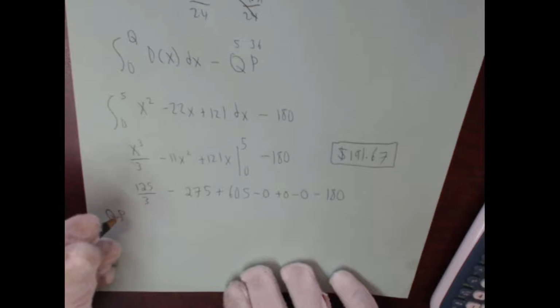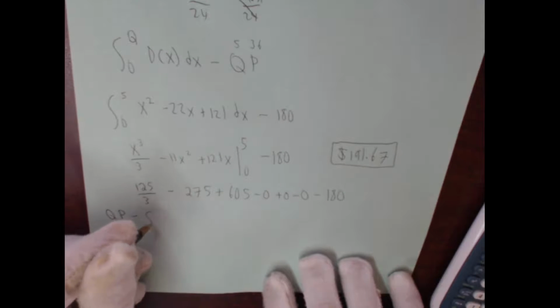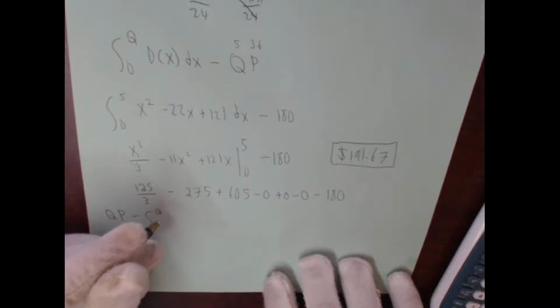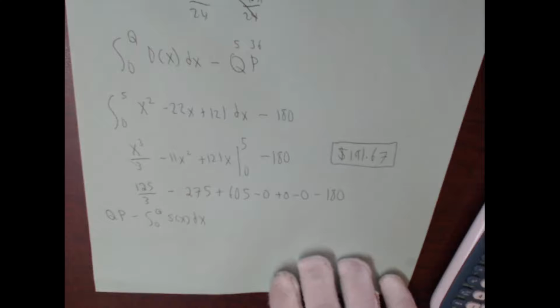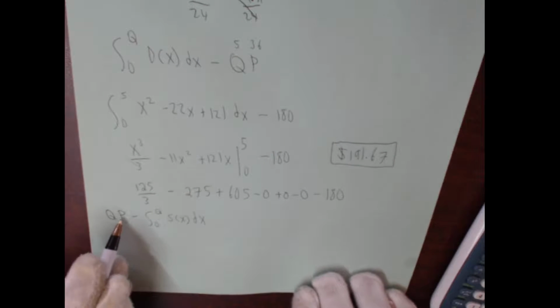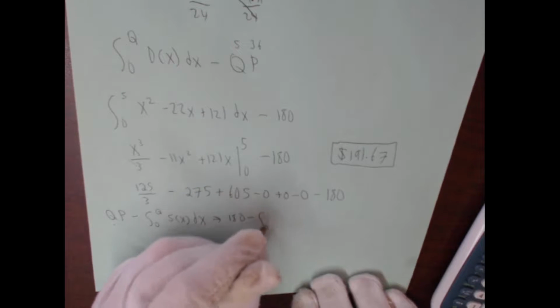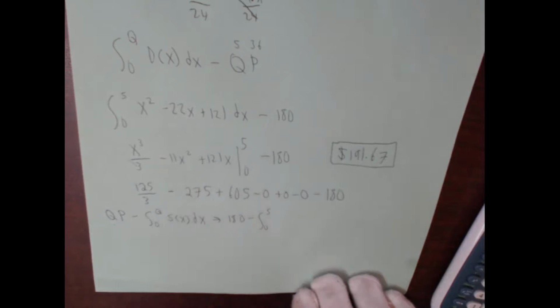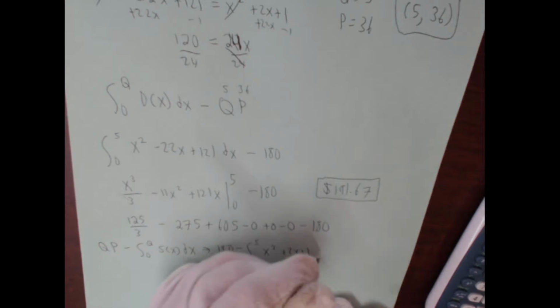Now we're doing producer surplus, which is QP minus the integral of the supply curve. Remember that Q and P were 5 and 36, so this will be 180 minus the integral from 0 to 5, because we're producing 5 things, of the supply curve, which was x² + 2x + 1 dx.